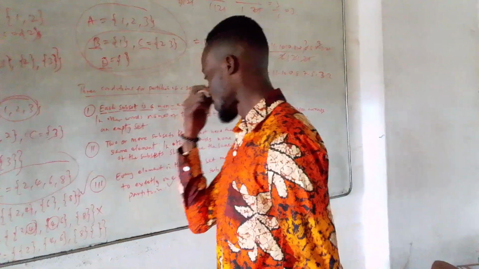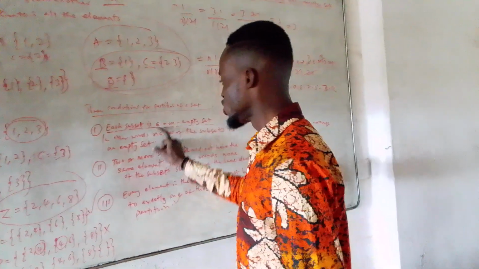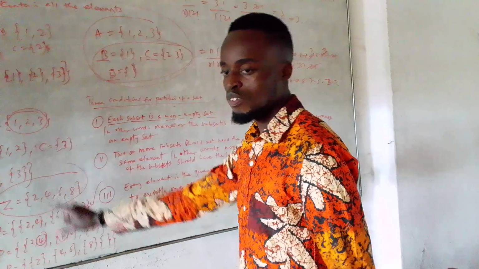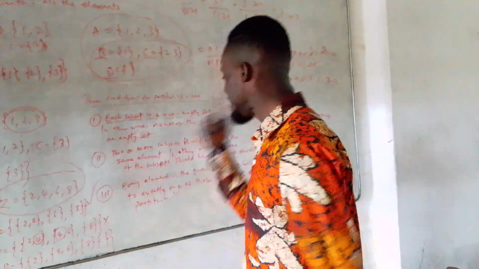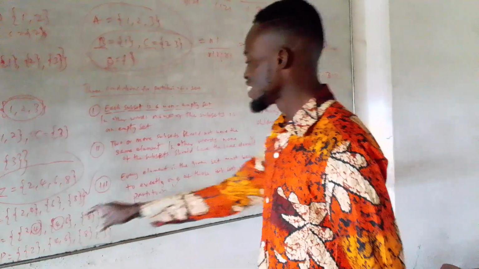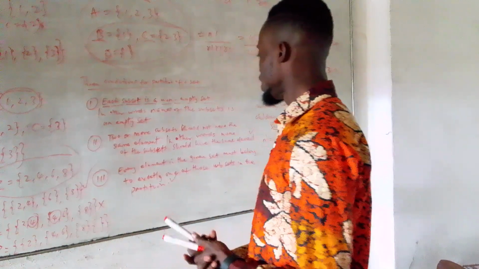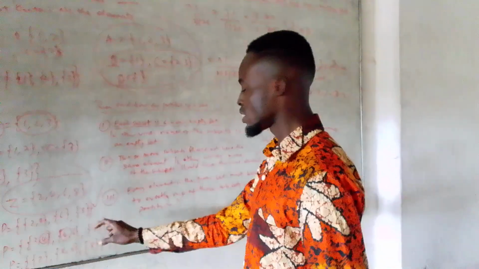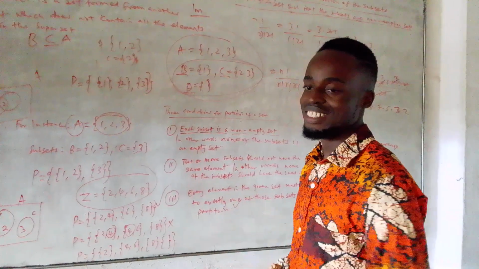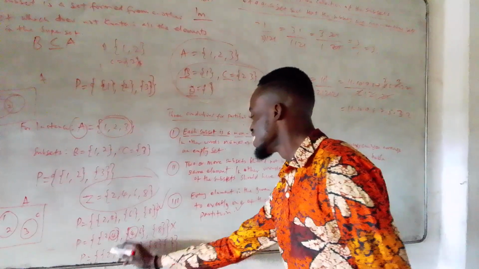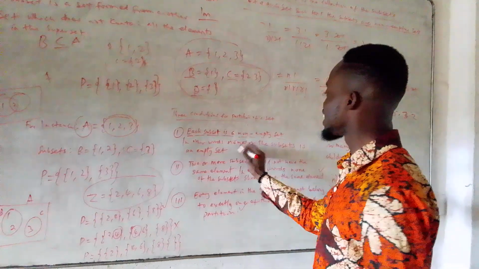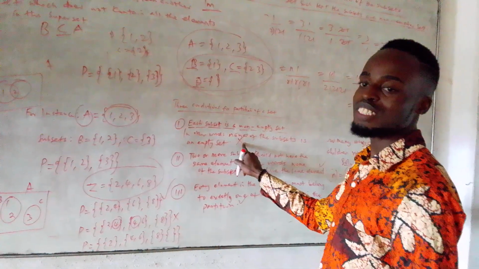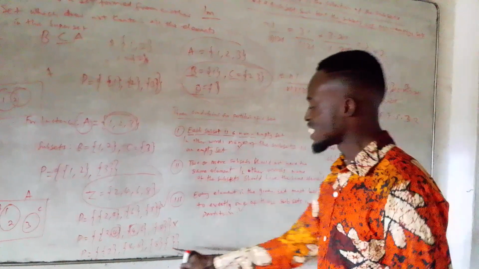Then let's look at the third one. Does it satisfy the first condition? No. We have an empty set. So you see that the last one does not satisfy the first condition, because there is an what?